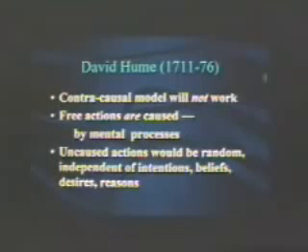The great Scottish philosopher David Hume in the 18th century really, I think, had this nailed. And what Hume said was, look, if your idea of free will is that there are no causal antecedents, then you've got a wonky idea of choice and decision making.